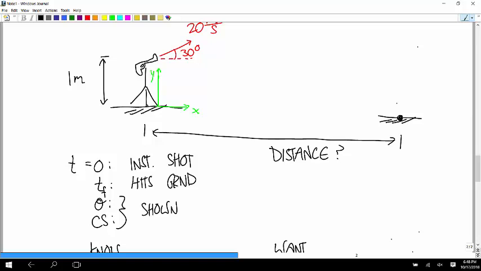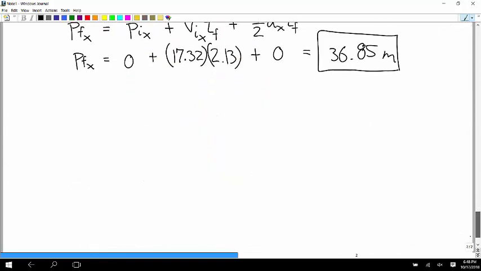And actually, I want to do one more problem, and I want to do that with a height of 1.5 meters. Something is going to happen that makes this a little more complicated, even though everything else is the same. So now, same question.